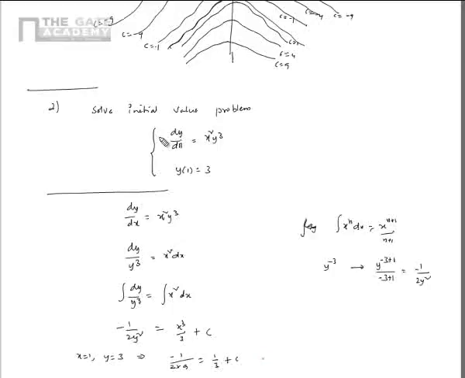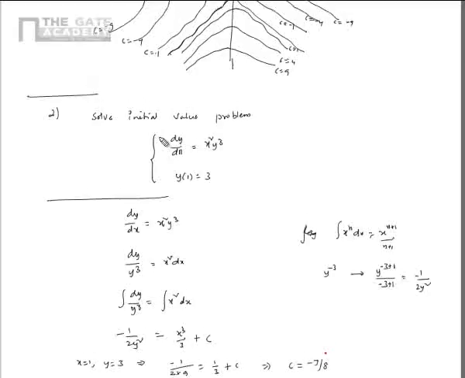If you simplify this, c will come out to be minus 7 by 18. Let me simplify: minus 1 by 18 minus 1 by 3 comes out to be minus 21 by 3 into 18, which is 7 by 18. So c comes out to minus 7 by 18.